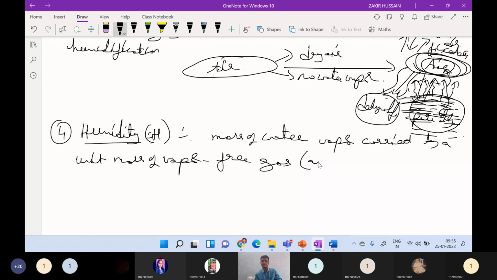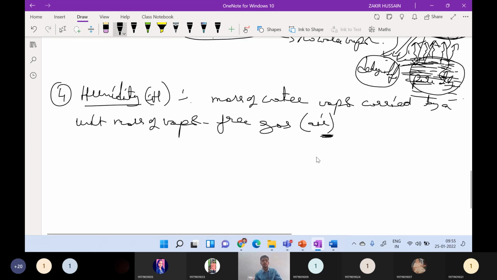That is nothing but air. Vapor-free gas means without any water vapor inside it; whatever inert gas is there is called air. So the mass of water vapor per unit mass of vapor-free gas or air is called humidity.